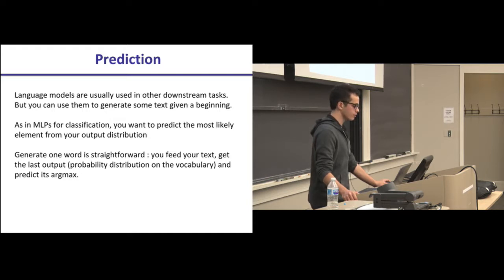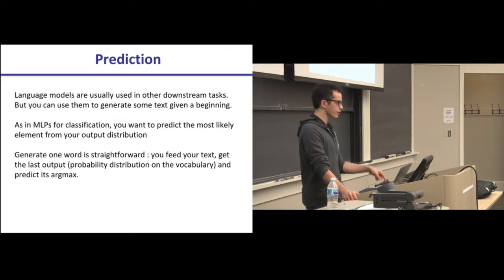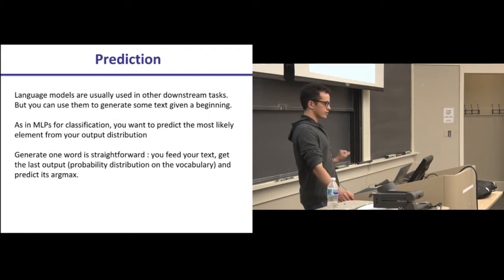So that's like I mentioned at the beginning. I mentioned language models can be used for fluency assessment in translation, for example. You can use them to do prediction, which is what we're going to do, and that can be used in an example like that. And more generally, usually a language-based task is sequence input, sequence output. That's the most general case.